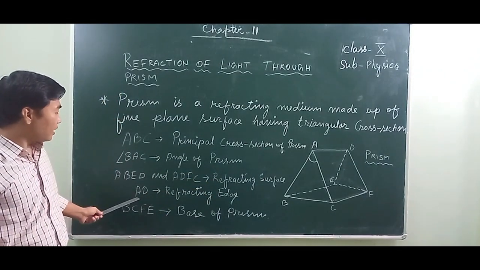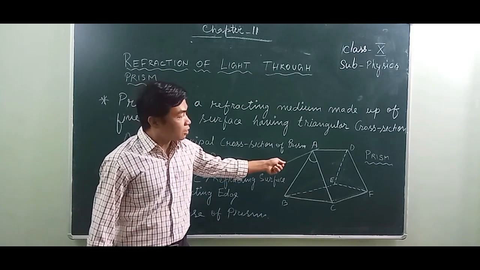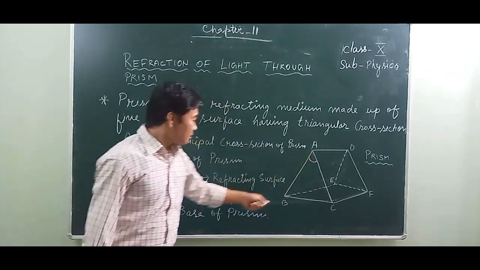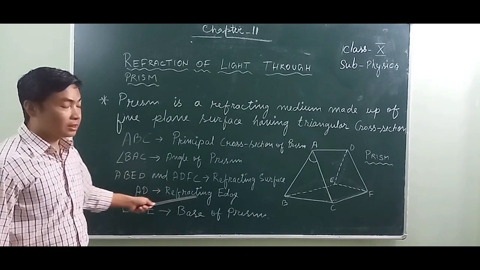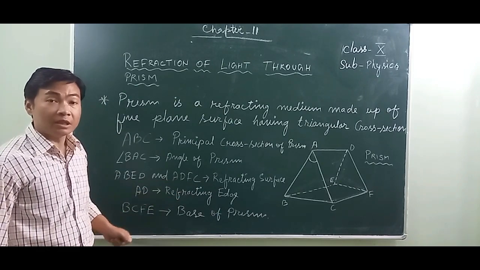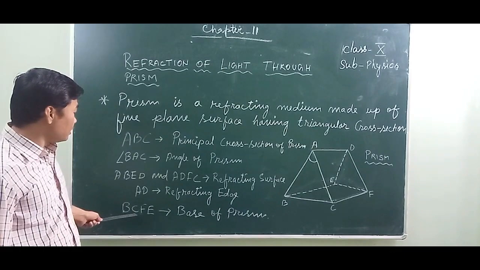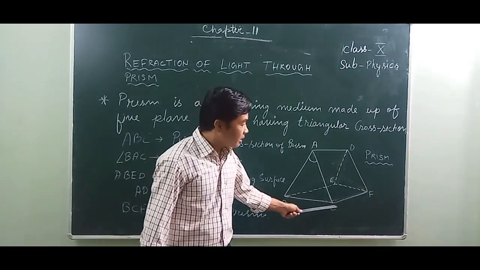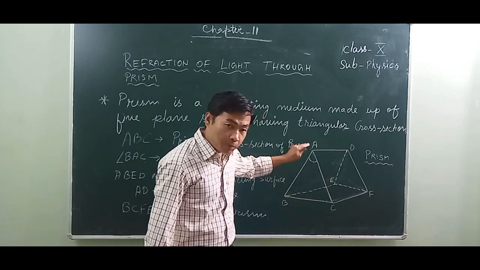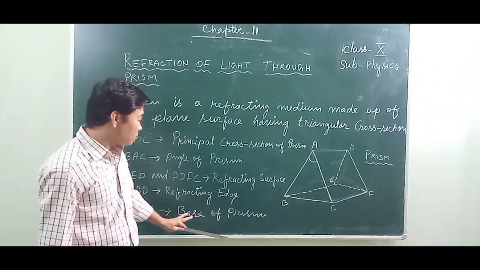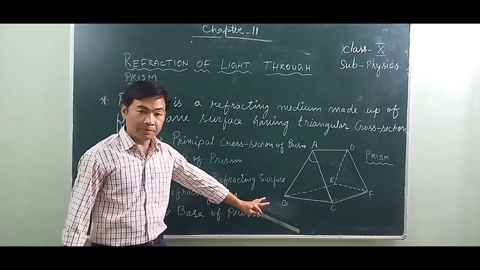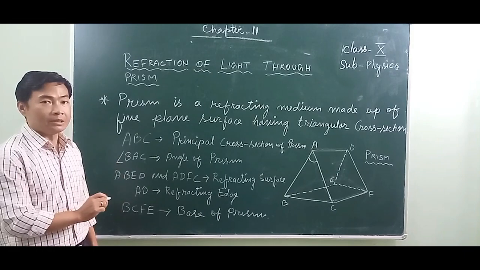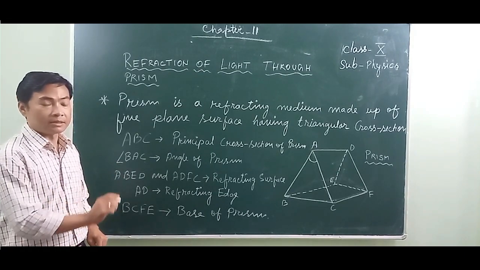Next, AD, the top part of the prism, is known as the refracting edge of the prism. BCFE, the bottom part of the prism, is known as the base of the prism. These are some important terms of the prism that we need to understand.